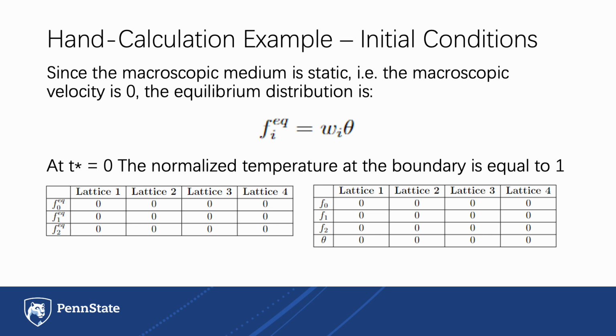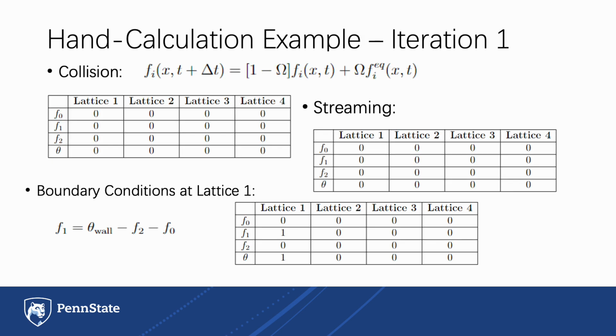And the initial condition is that every distribution is at the lowest temperature. Since every distribution is at the lowest temperature, the value of the distribution is 0 for every lattice.